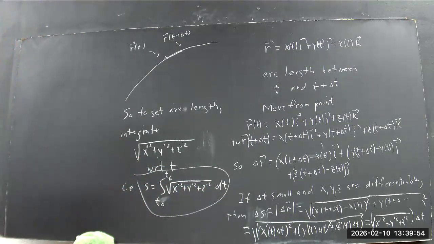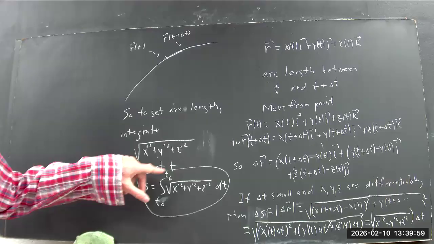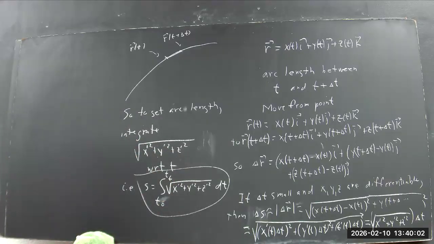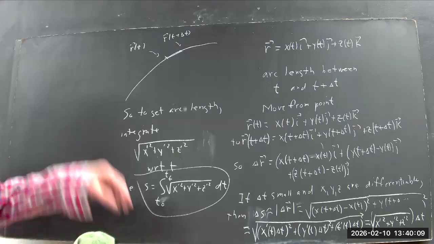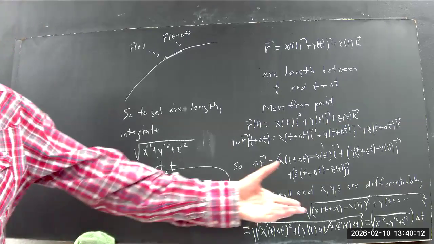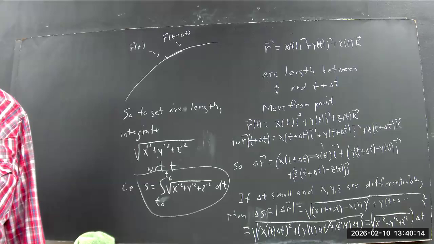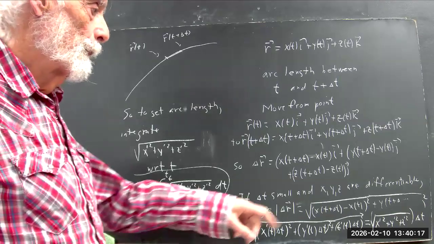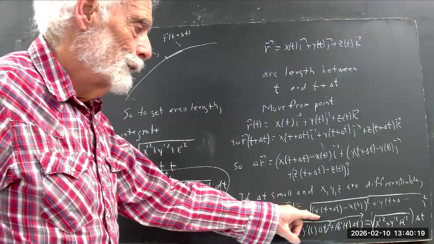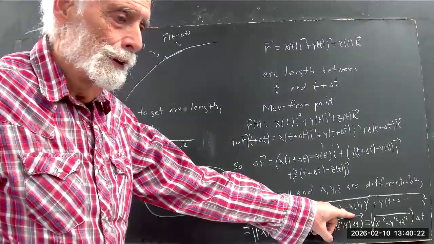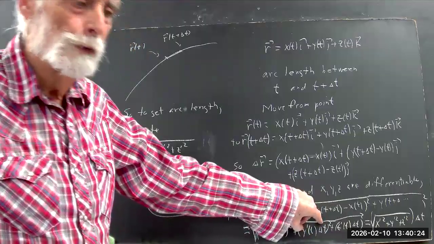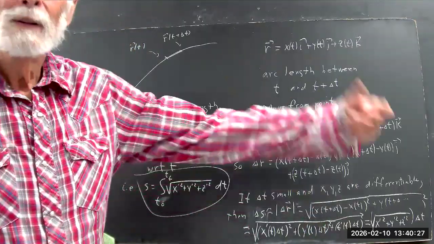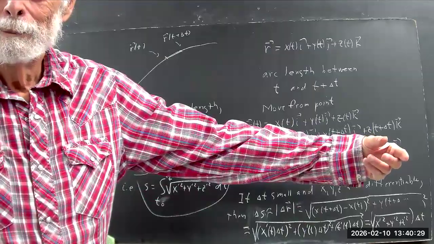So there's your arc length integral. S is the distance you travel along the arc. And it's all just the Pythagorean theorem and the fact that the difference in your x positions is just equal to the derivative of the x function times the delta t time interval.